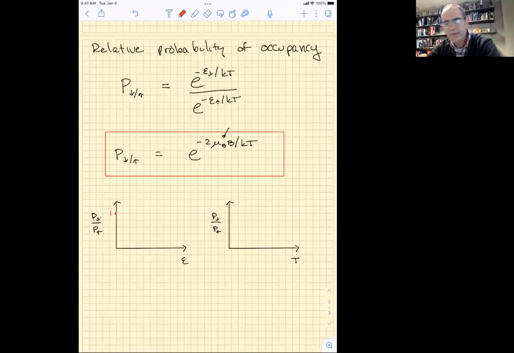But as I make mu_B B bigger, let's say I turn up the magnetic field, then the factor in the exponent will get larger and larger. And so e to the minus that exponent will get smaller and smaller. Like so. Okay?